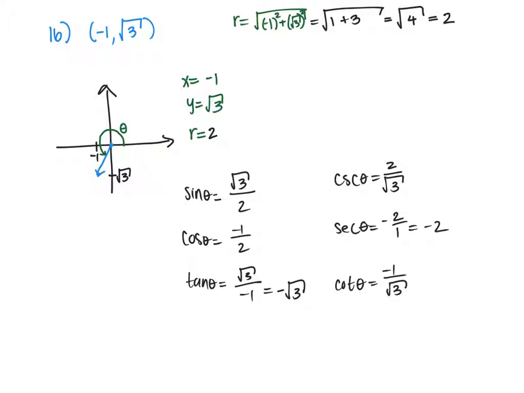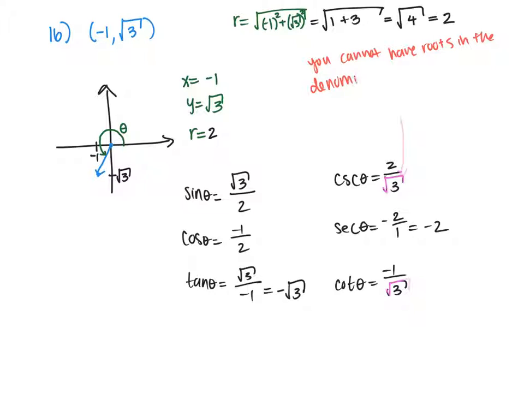Now, here's the thing. There's a problem. You see how the bottom here has a root? Actually, let me just highlight that. Has a root here. Well, you cannot have roots in the denominator.